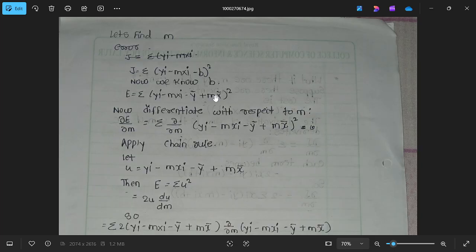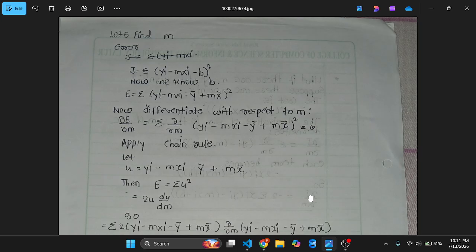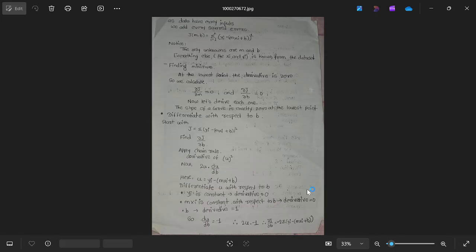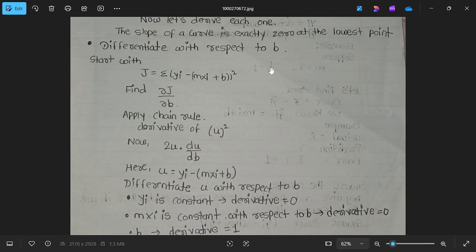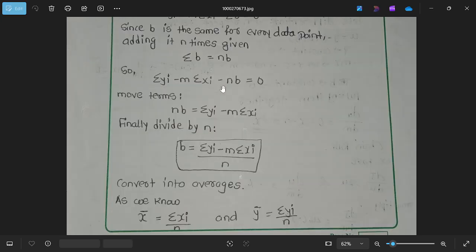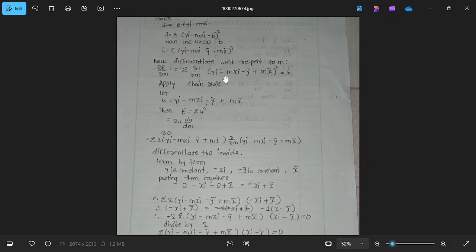This was our loss function, and we have taken it as it is here.